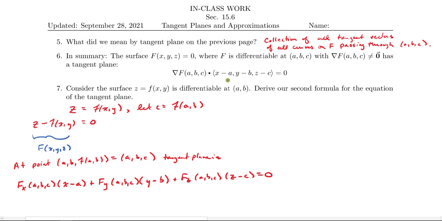That's using this tangent plane. I went ahead and did the dot product in my head, but that's that formula.